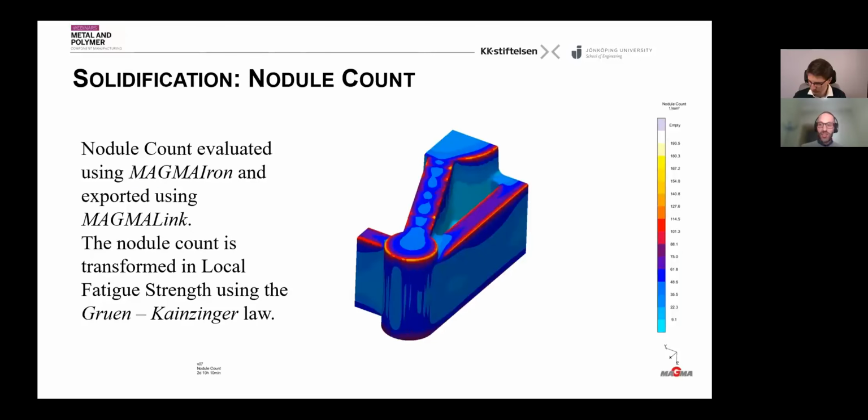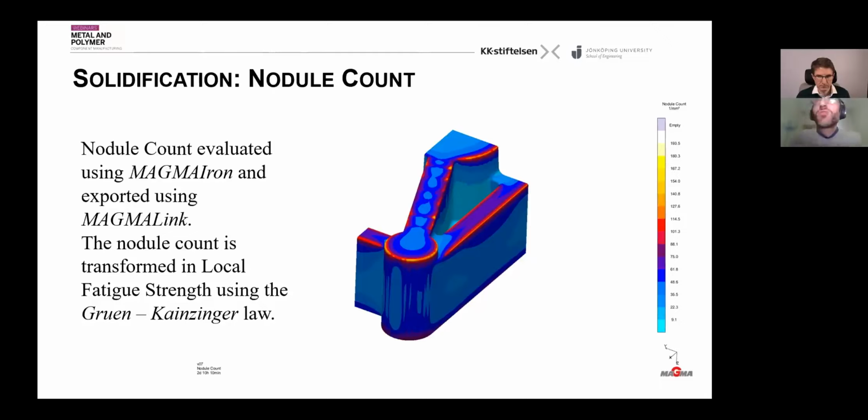And this is what we get. We performed the MAGMA iron, and we exported the nodule count with the MAGMA link to ANSYS, and then we mapped the safety factor using the Grun-Kainzinger law.